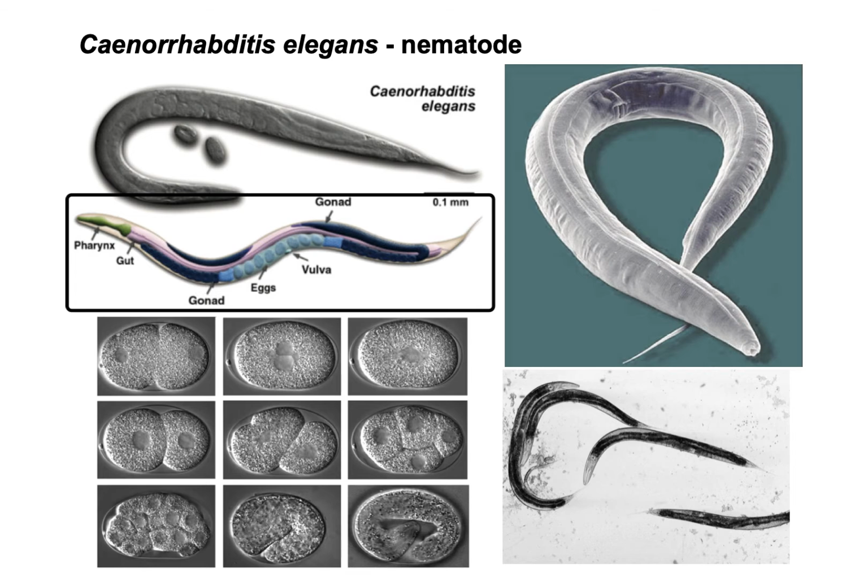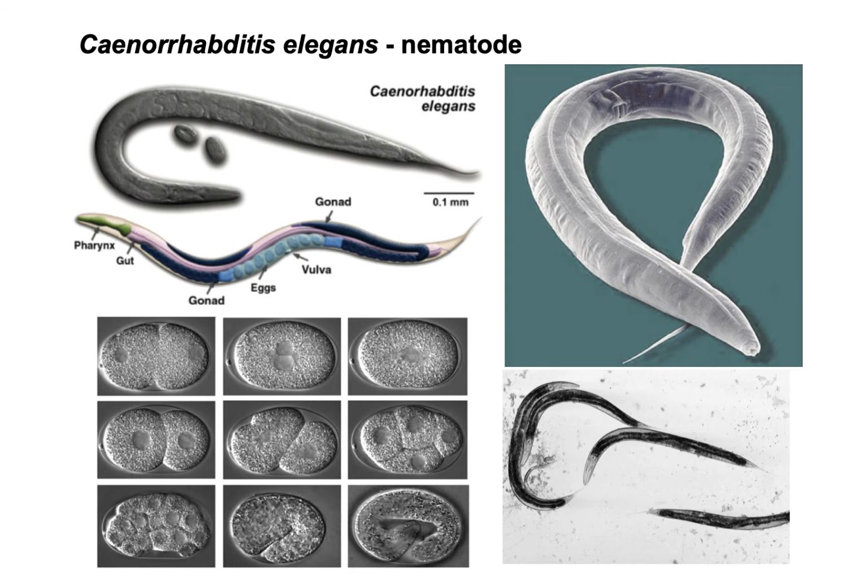Now there are only two sexes. One is a hermaphrodite that has both eggs and sperm, and then there are males that have only sperm with no eggs. So two different sexes in this one. And it's about a 1,000 to 1 ratio, hermaphrodites to males. So in most cases, the female just forms clones of herself over and over, lays eggs that develop into something that looks exactly like them.